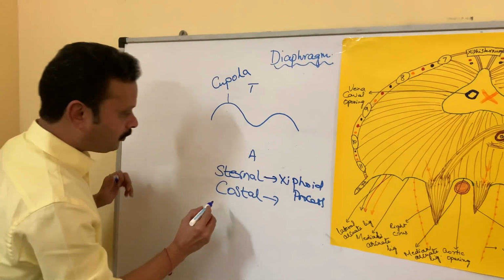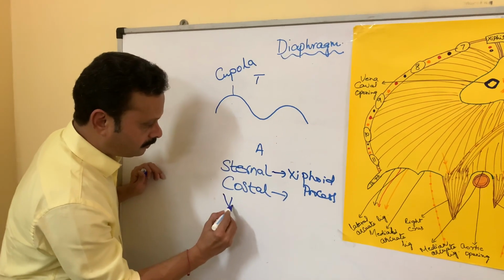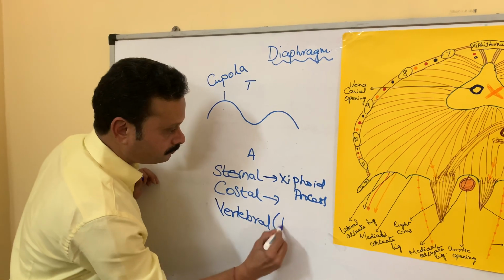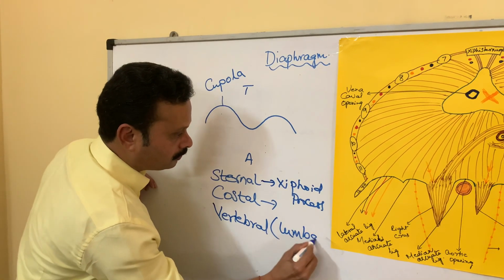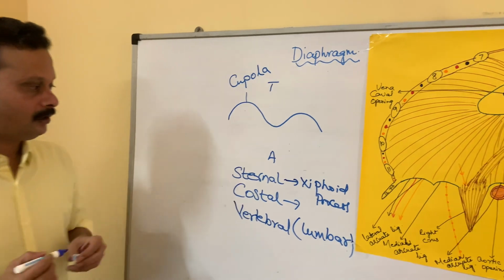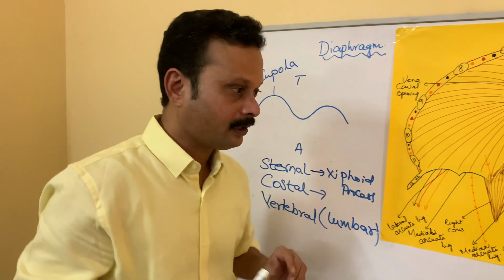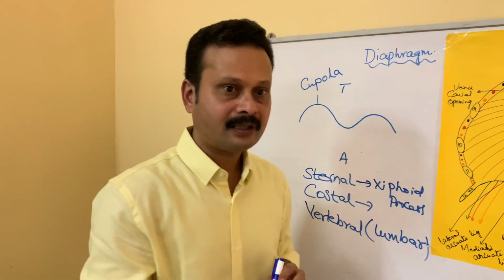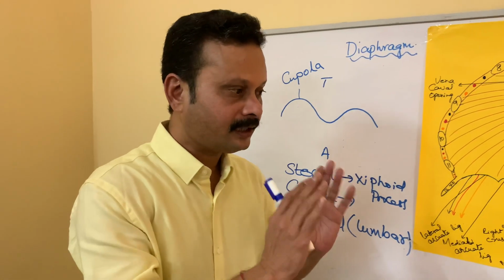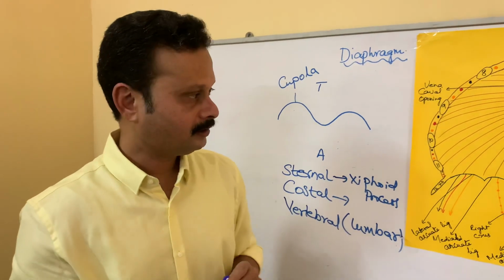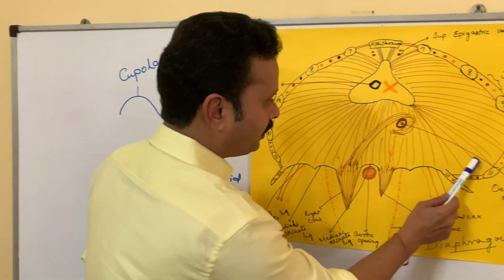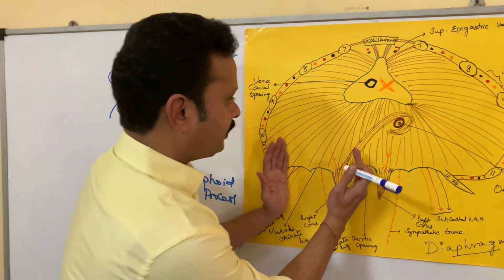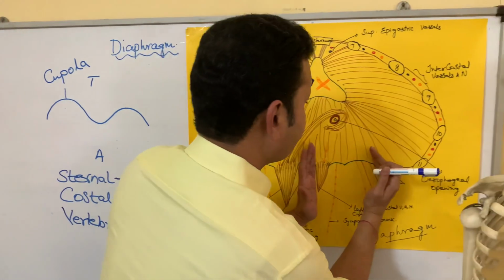And the third and important one is the vertebral or lumbar origin. On either side, this origin extends from three sources. If you see, this is the posterior aspect of the diaphragm, on either side, this is the right half and this is the left half.